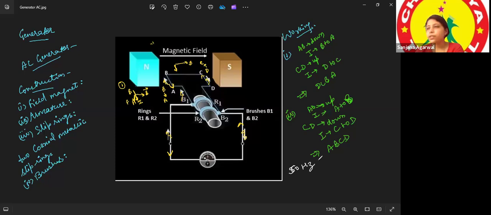That is, the coil is rotated at the rate of 50 revolutions per second.